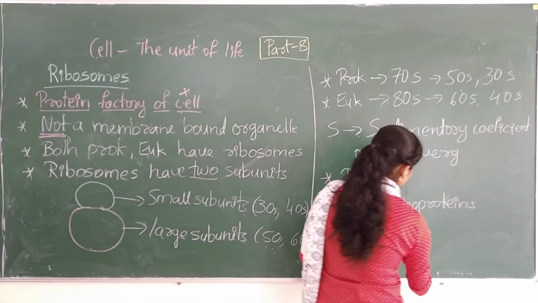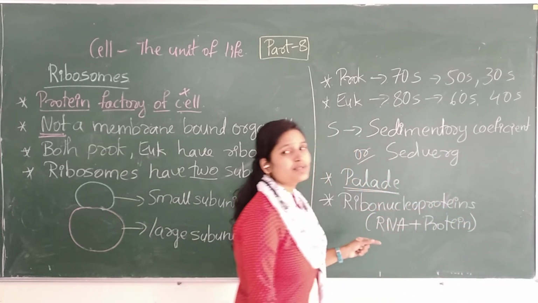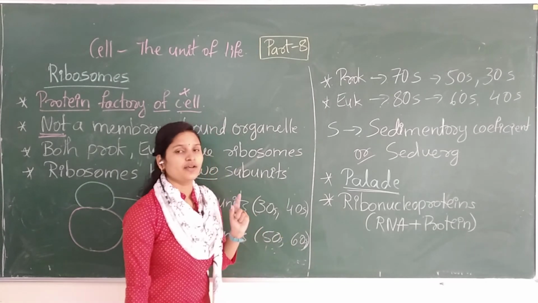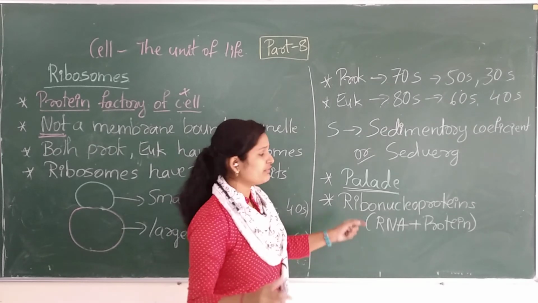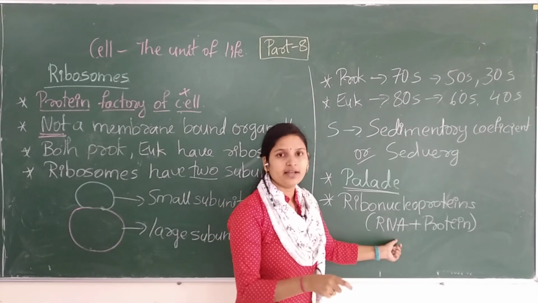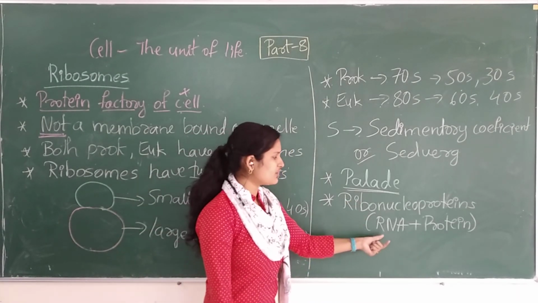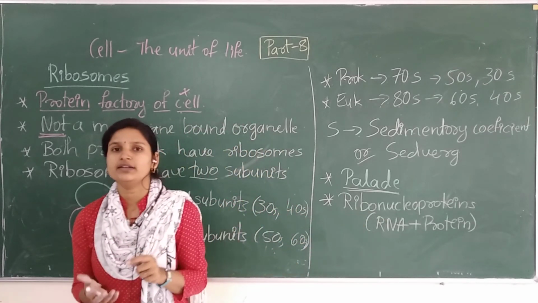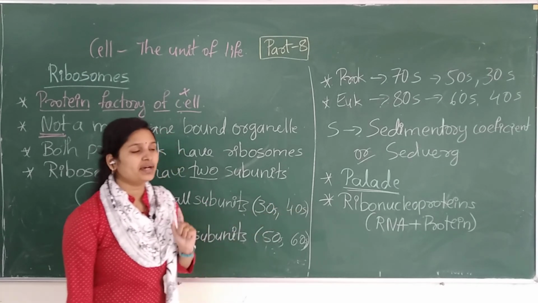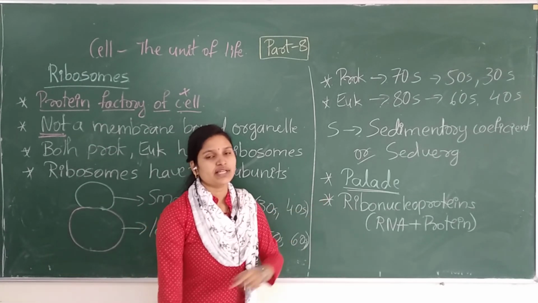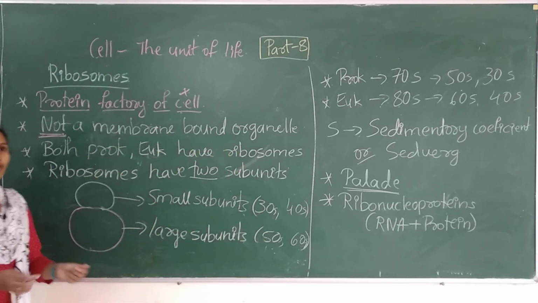RNA plus protein. Ribosomes are ribonucleoproteins. What does that mean? That means ribosomes are a combination of RNA and protein. This is said because the RNA and protein combination forms the ribonucleoprotein. So remember this one, very important. Ribosomes are ribonucleoproteins. This is also one of the important concepts.